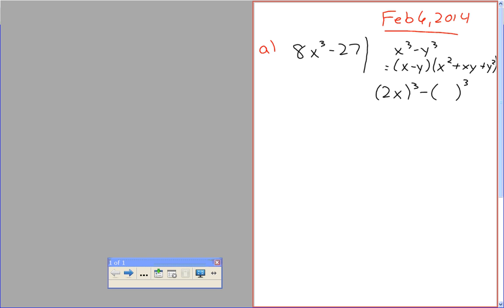What cubed gives you 27? Straight, 3. So in this case, your x is 2x, and your y is 3. Does that make sense? You guys have seen difference of cubes before? If you haven't, somebody let me know. Did you notice difference of cubes in your life before yesterday?